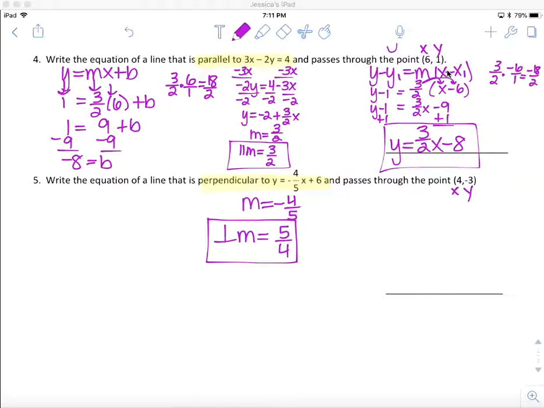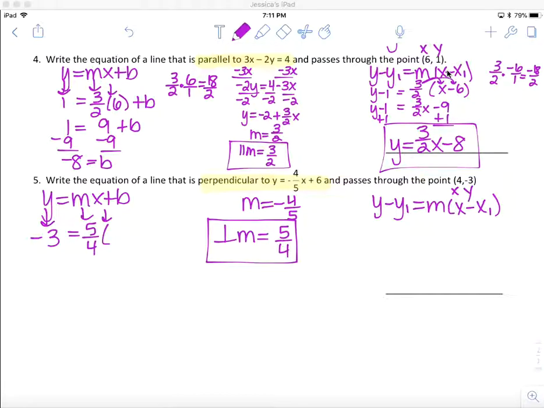So again, you can either use slope-intercept form, y equals mx plus b, or you can use point-slope form. You do not need to do both methods unless you just want to check. I'm going to show both just so you can see an example of each one. So if my y value is negative 3, my slope is 5 over 4, and my x is 4, I'm solving for b. 5/4 times 4 is just 5.